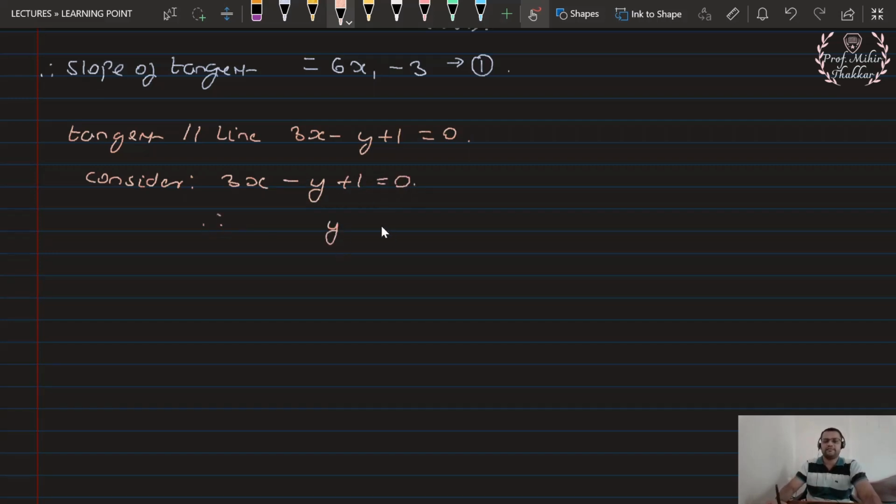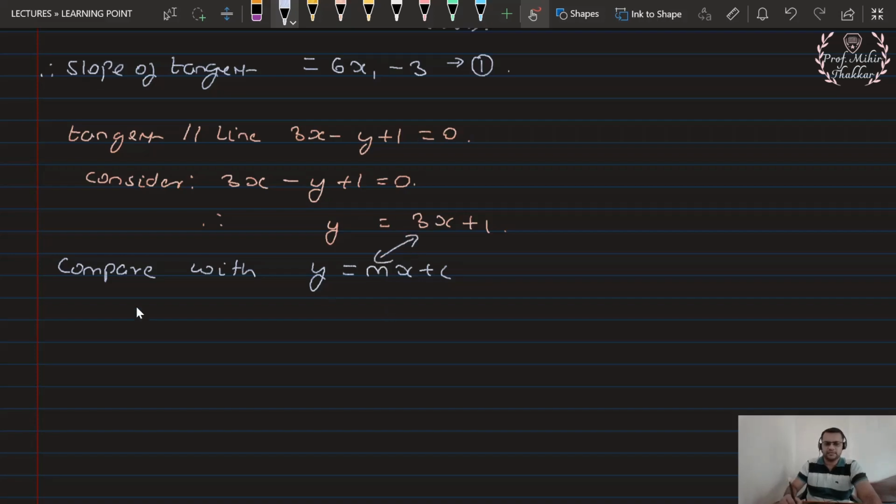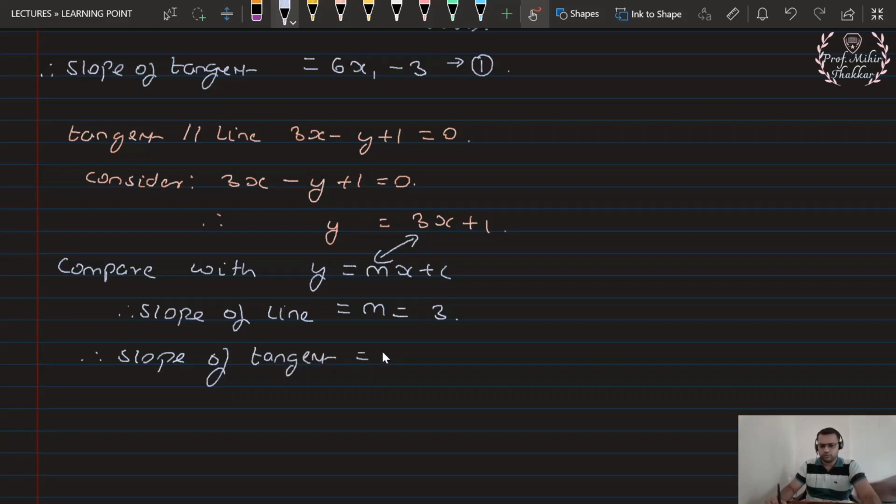In that case, I get y is equal to 3x plus 1 and compare this with y is equal to mx plus c, and I can say that slope of line is equal to m, which is equal to 3. Therefore, slope of tangent is also equal to 3 since the lines are parallel to each other.